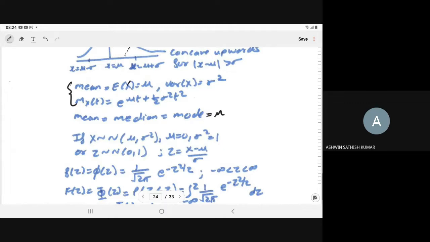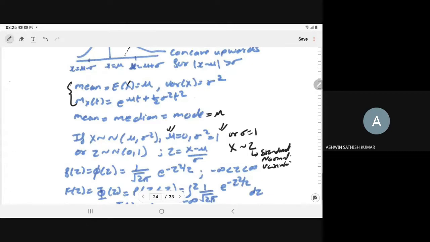If for the normal distribution mu is equal to 0 and sigma square is equal to 1, or sigma is equal to 1, right, because sigma is always positive, then x is termed as z, and z is the standard normal variate.